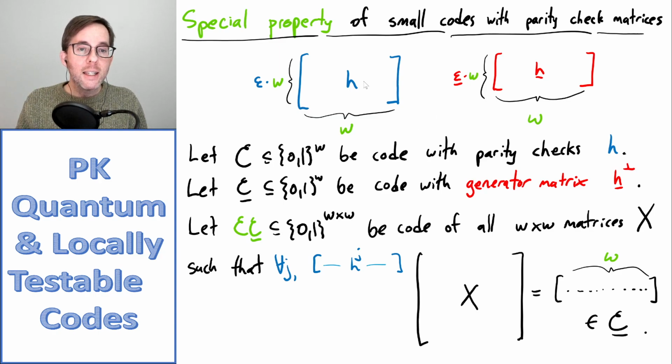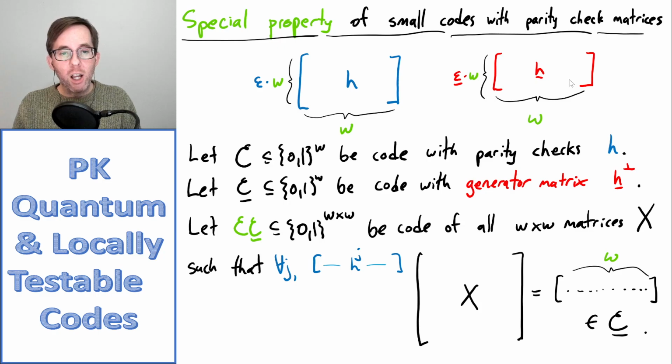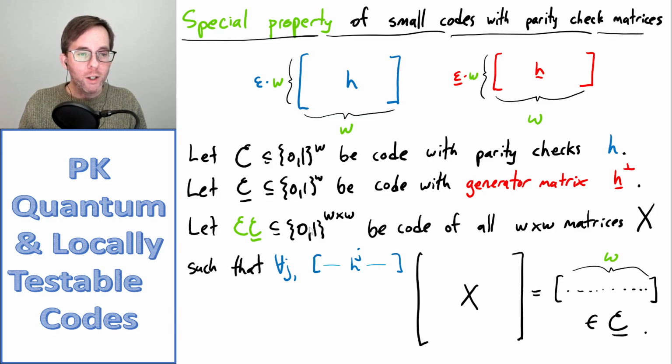Let C be the code whose parity checks are H. And let C underlined be the code whose generator matrix is H underline transpose. Maybe that's not what you expected, but again, all this duality and twinning and whatnot. Now we're going to make a new code with W squared bits, written as W by W matrices.